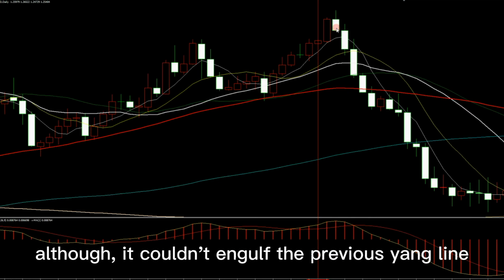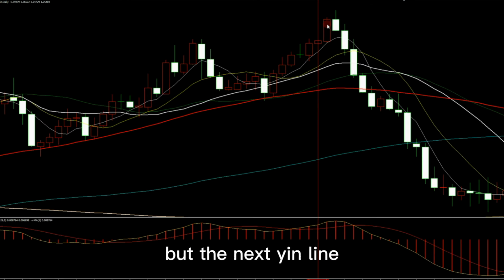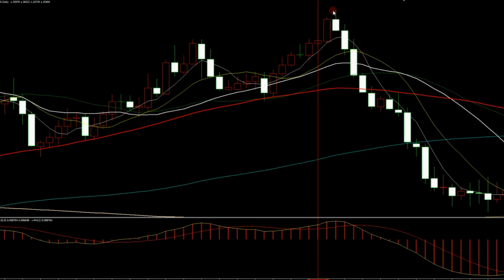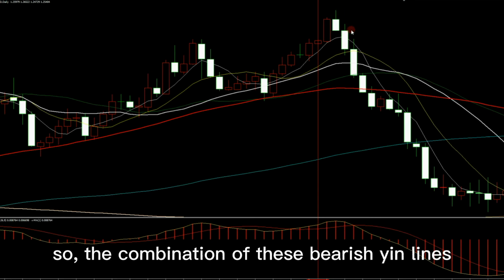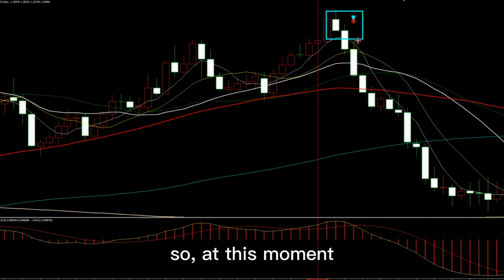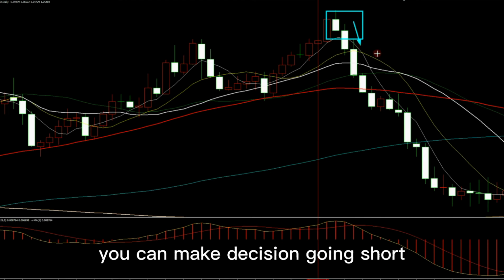Although it couldn't engulf the previous yang line, the next inline plus the previous inline engulfs the previous yang line. So the combination of this bearish inline indicates the trend will go down. So at this moment, you can make a decision of going short.